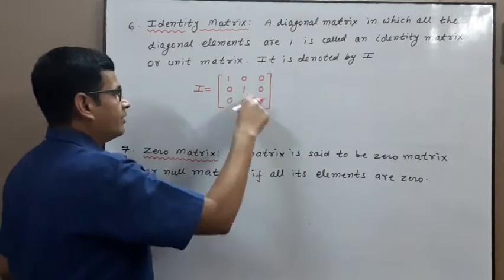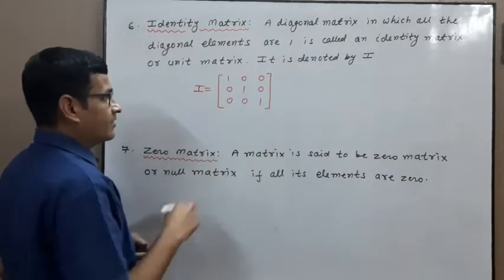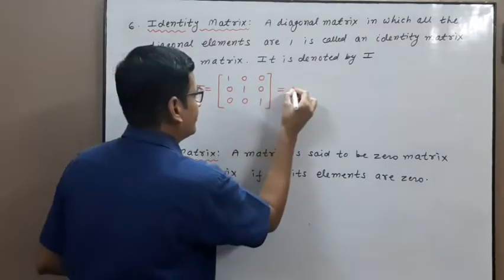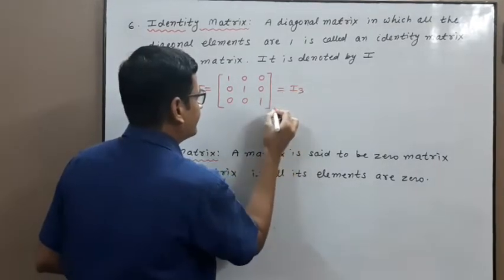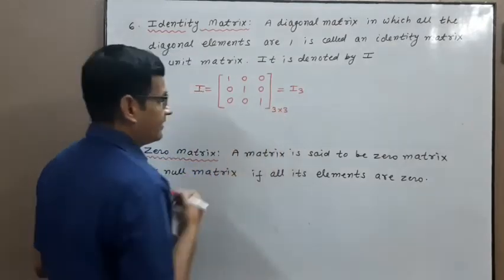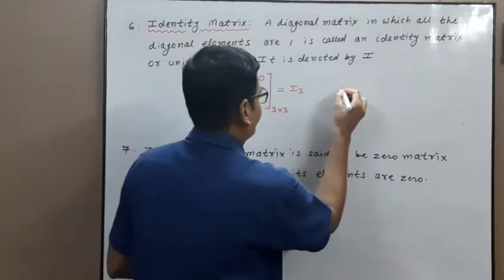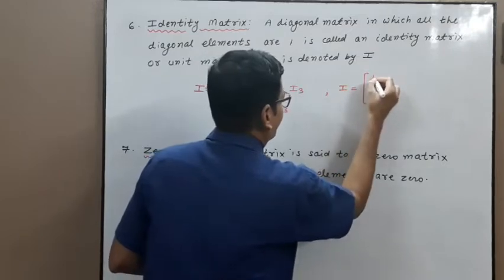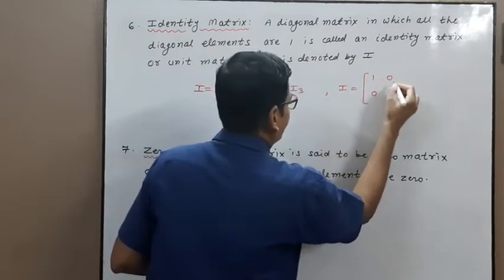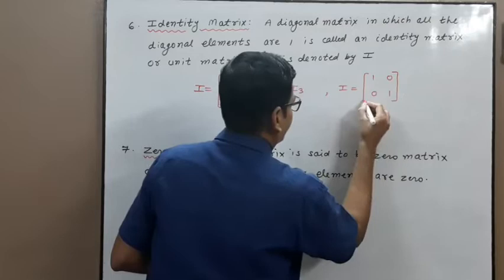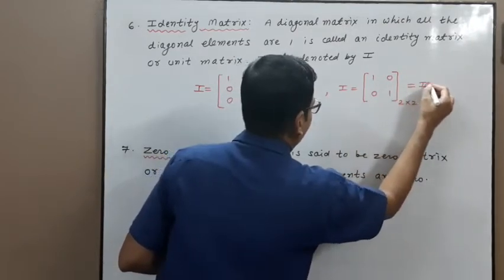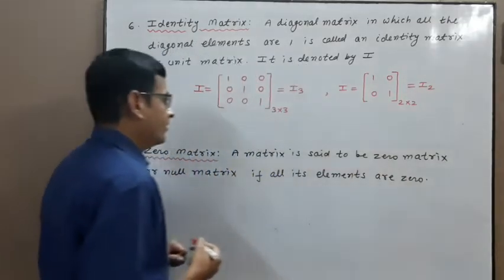Each and every element of the principal diagonal is 1. Such a matrix is called identity matrix. It is also denoted by I3 because this is a 3 by 3 identity matrix. Similarly, 1 0 0 1 is a 2 by 2 identity matrix, denoted by I2.